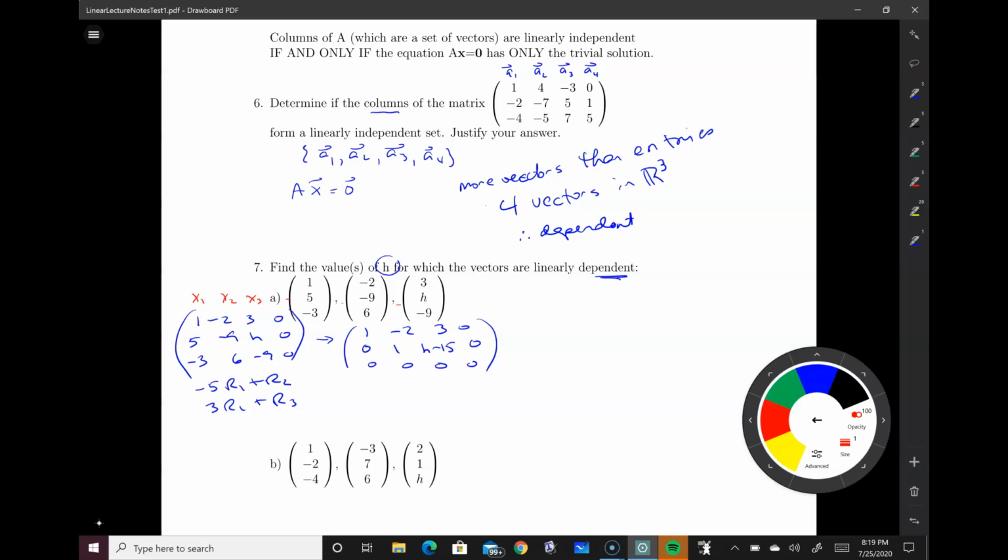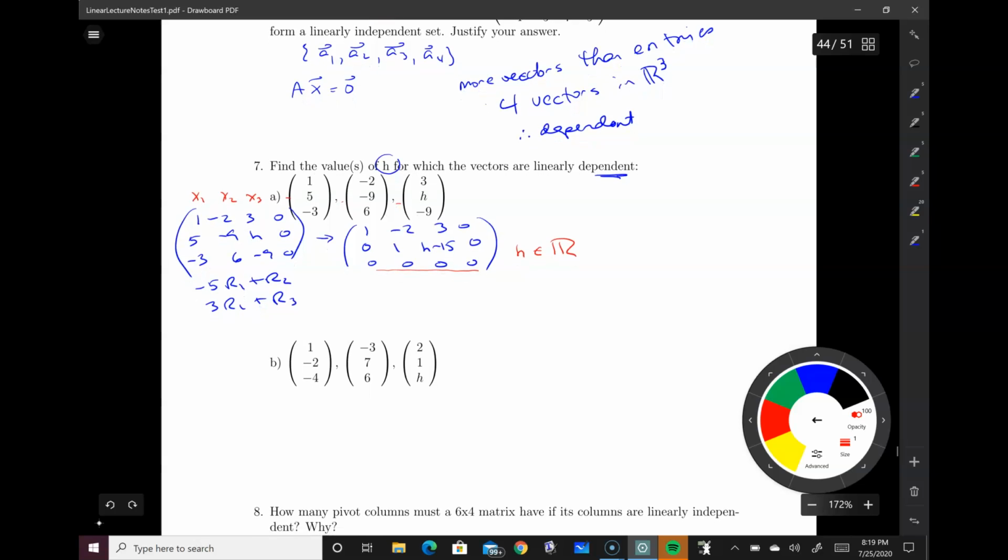So I see that I have a free variable, so I want to make sure I keep it free, but there's nothing I need to do to make sure that this row here has no pivot. So as a result, h can be any real number. Because of this row of zeros, it's always going to be dependent.